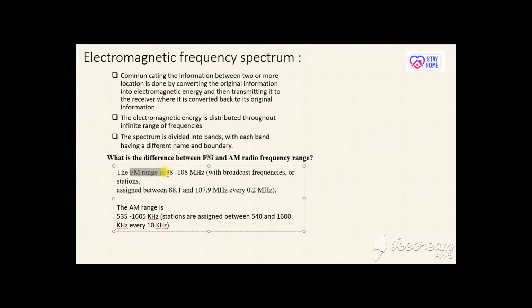The range of FM is between 88 and 108 megahertz, and the range of AM is between 535 and 1605 kilohertz. So the difference between them is just the frequency range.